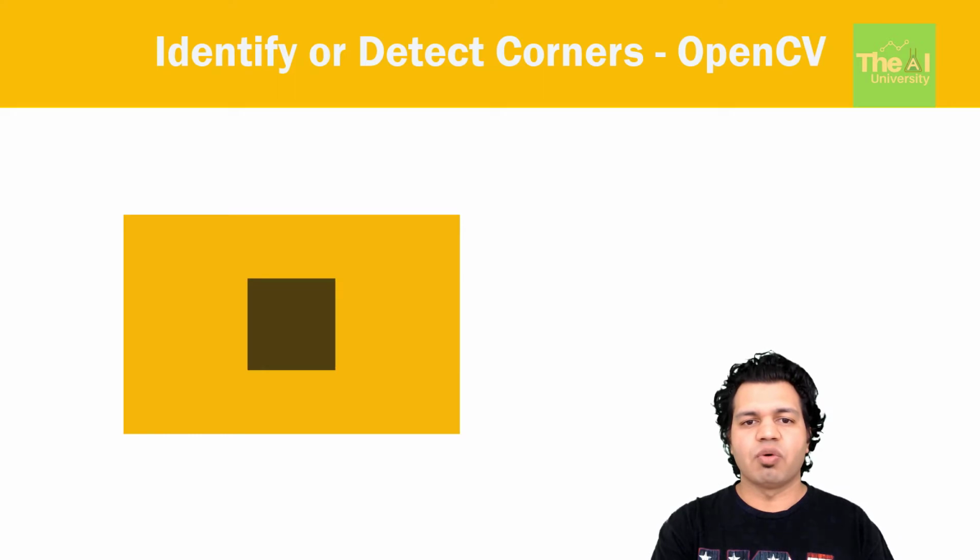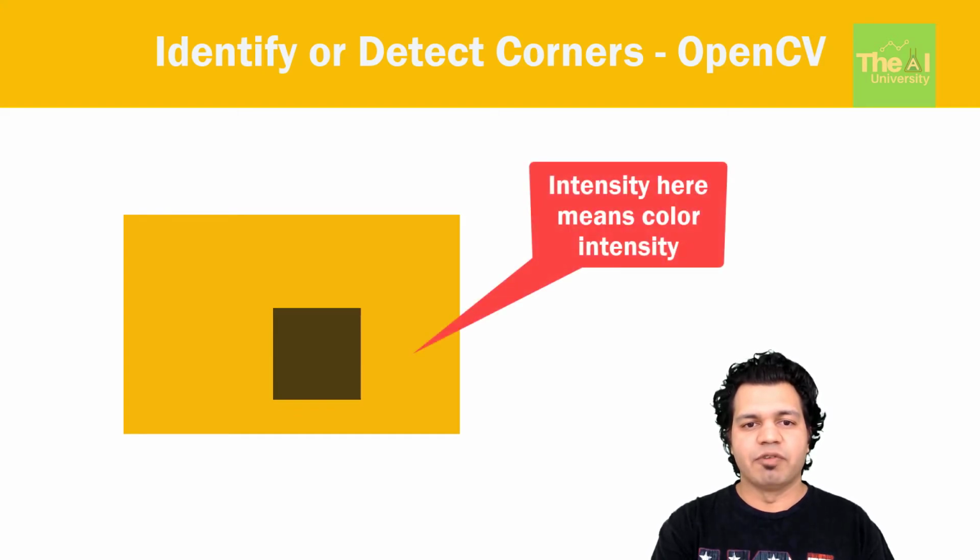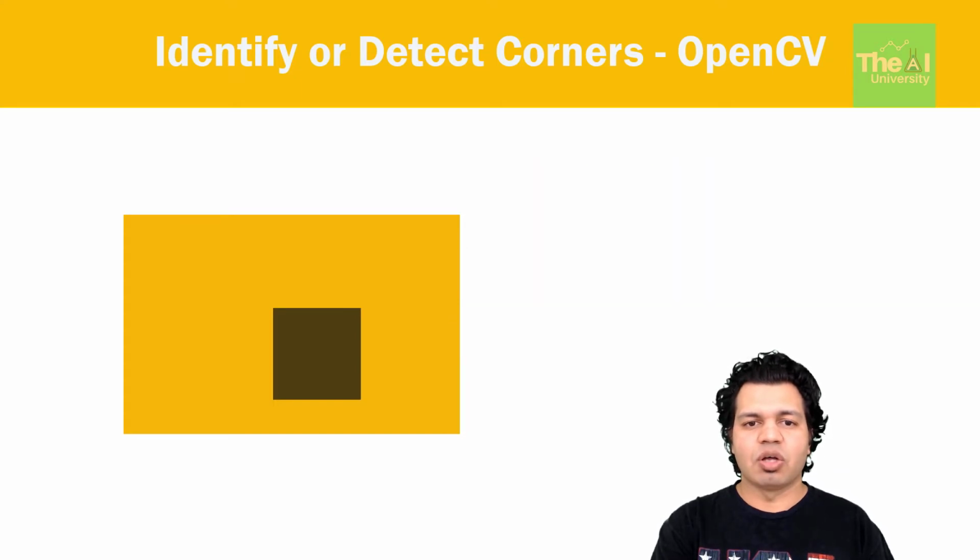Consider this a small window which we will use to find the corners. We will move this window across the image. Right now it is in the center, and if we move it in any direction, the intensity will be the same everywhere around this window. So no edge or corner is detected here. Hence it will be treated as flat.